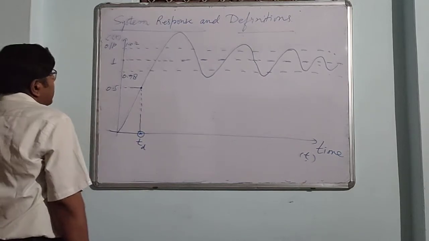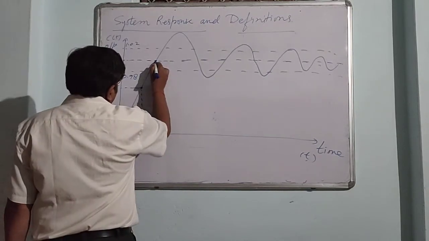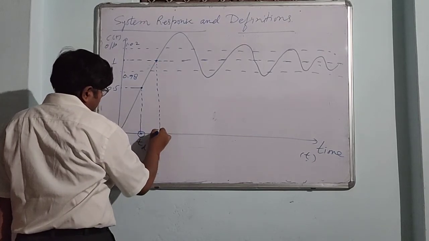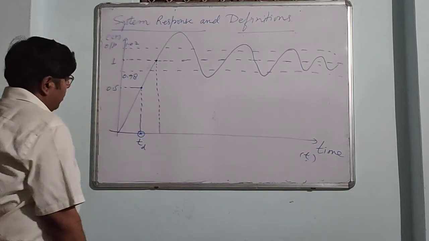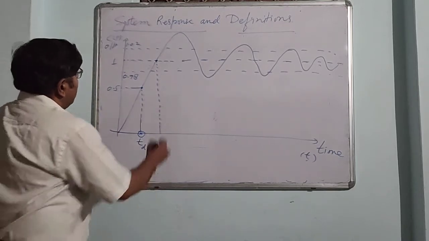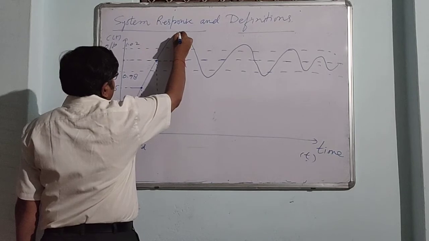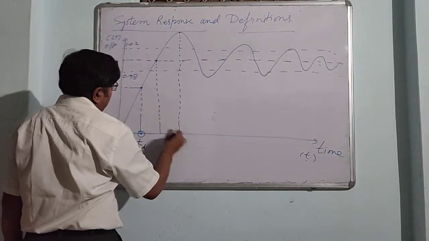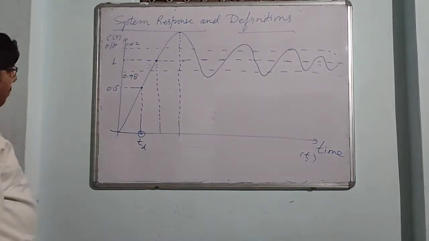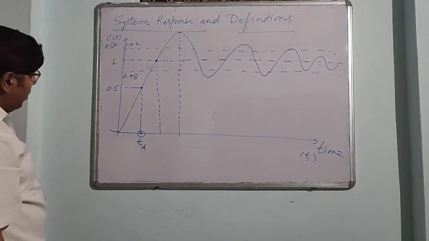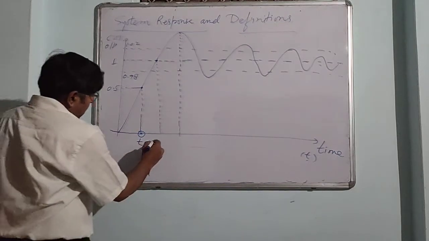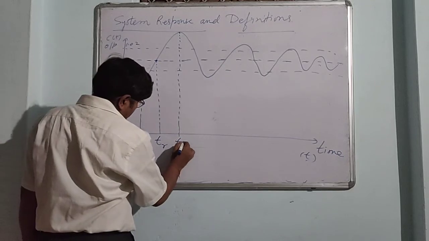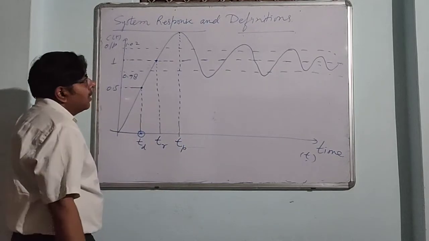When this value reaches 1, this is the rise time, tr. When it reaches the maximum value, this is the peak time, tp.